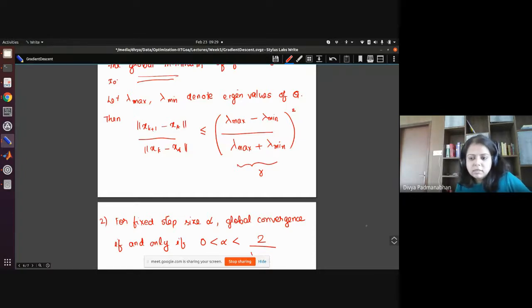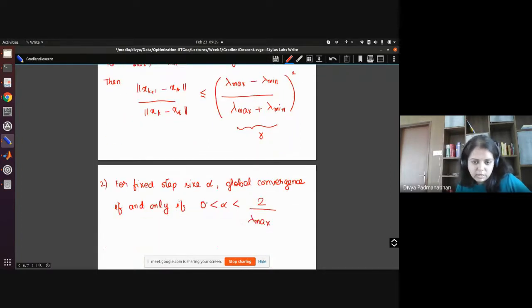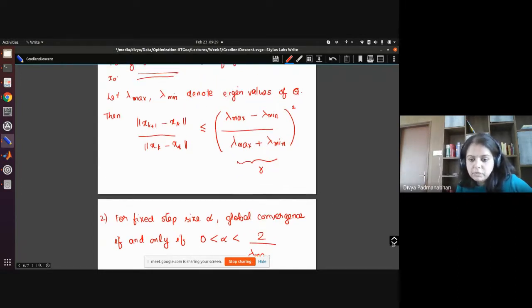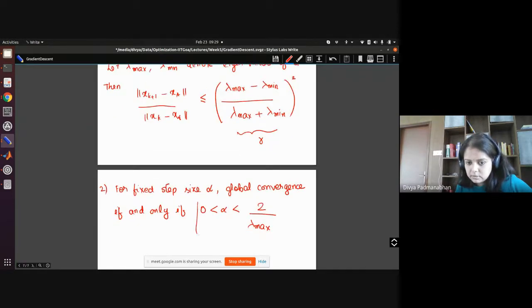That's also another way people do it. If you fix the step size in that way, then you will have global convergence, you will converge to the optimum, only if the fixed alpha is less than 2 by the max eigenvalue. If you fix it in that way, then you will get global convergence.